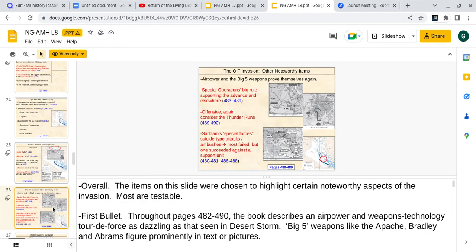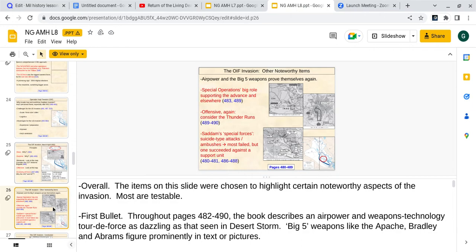What's important to know about that is that even though things like thunder runs were really successful, and we clearly had the superiority in terms of technology, it didn't stop Saddam's forces, even though they didn't know how to deal with technology.